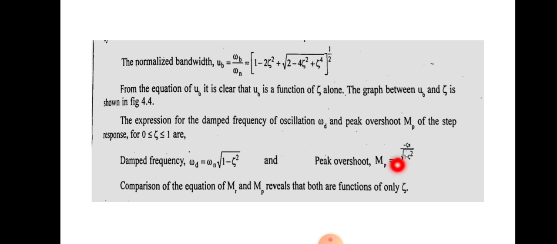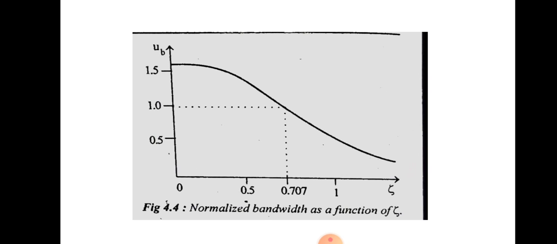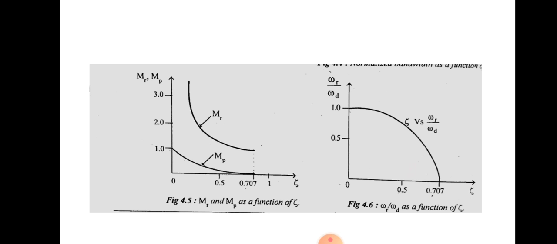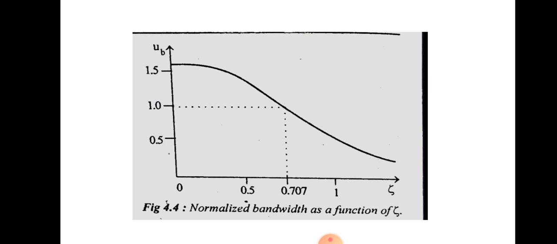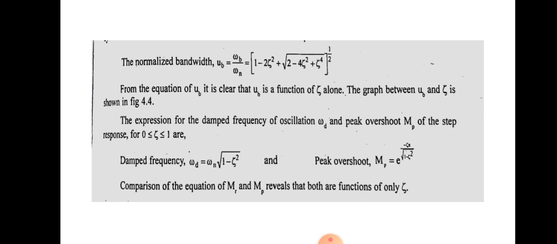We will get a curve like this. When epsilon equals 1 by root 2, or 0.707, M_P will become 0. That means the curve will look like this. This is the curve for M_P, and this is the curve for M_R, and M_R has a maximum value at infinity, and M_P has a maximum value at 1. Similarly, here is a curve relating u_b and epsilon, and here is the corresponding equation.